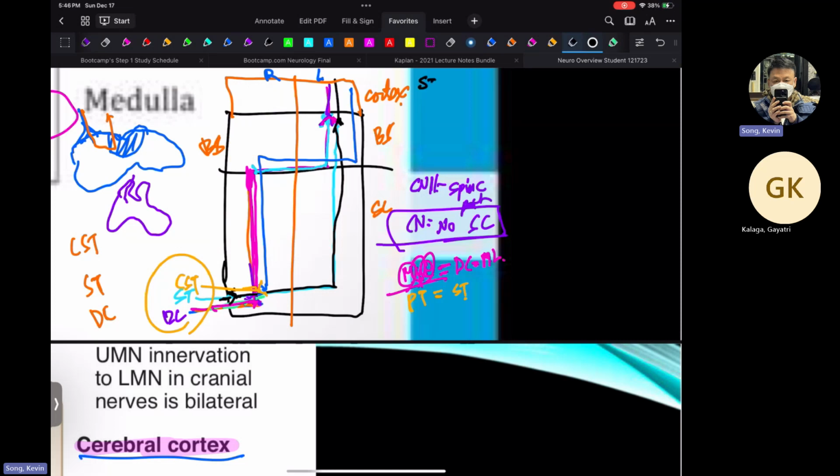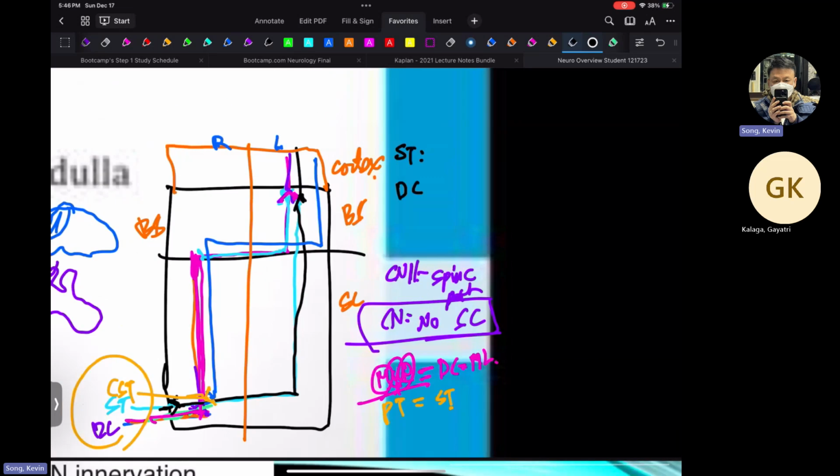The spinothalamic tract, and then the dorsal column here. Instead of using ipsilateral and contralateral, assuming you just know this, you just draw this picture on the whiteboard during the 15 minutes.